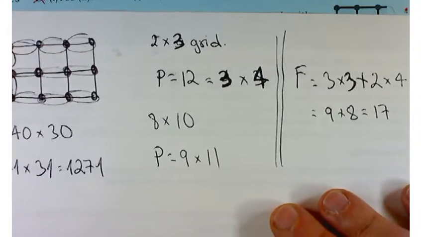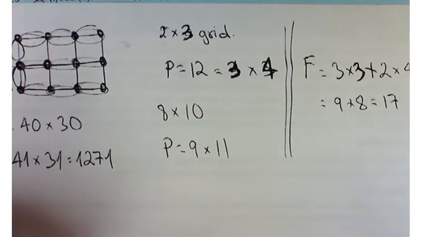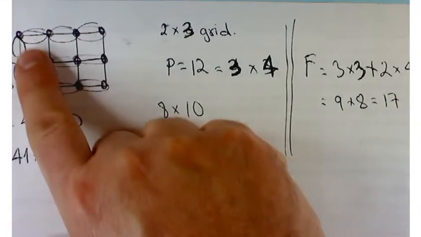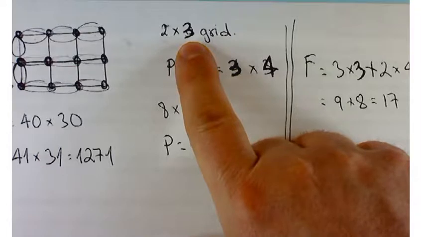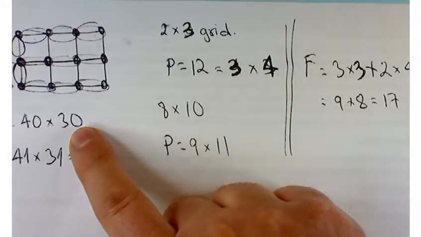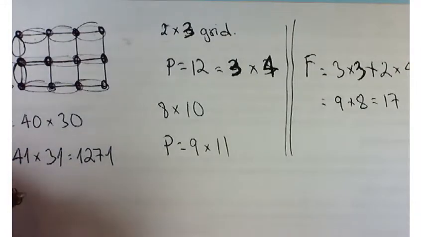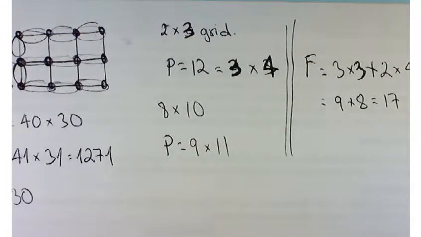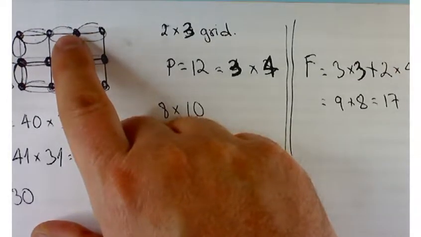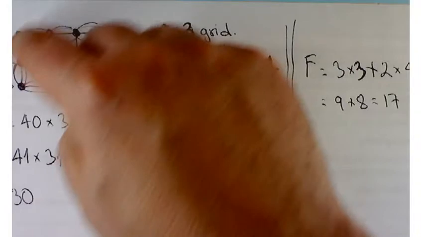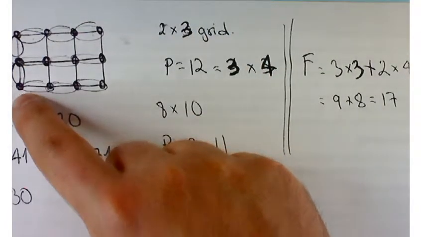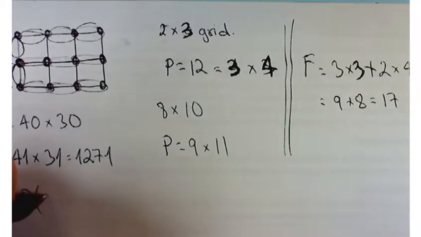Now let's try to figure out what happens with our bigger grid. So F. All right, let's think about how I did the horizontal. For the horizontal, I got the number of columns that I have, which was 30, and I multiplied by the number of rows plus 1, which was 40 plus 1.